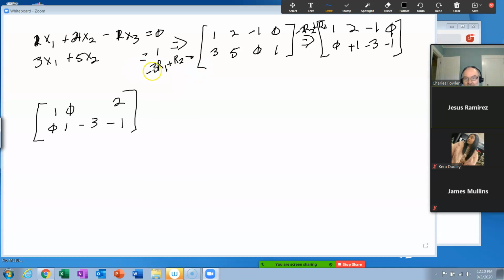Right here. Negative 3 times row 1, add it to row 2, right? So negative 3 times 1 is negative 3 plus 3 is 0. That gave you a 0 there. Now, remember, I did negative 3 times 2 is negative 6 plus 5 is negative 1. That was a minus 1 there. The last one, keep going.